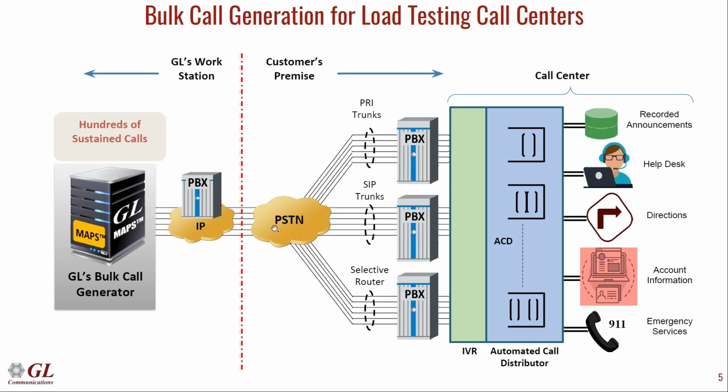They're connected to the public switch telephone network. They can be voice over IP trunks or PRI trunks. If it's an emergency service, usually you have some selective router. But in any case, they have a connection to the outside world through these private branch exchanges.